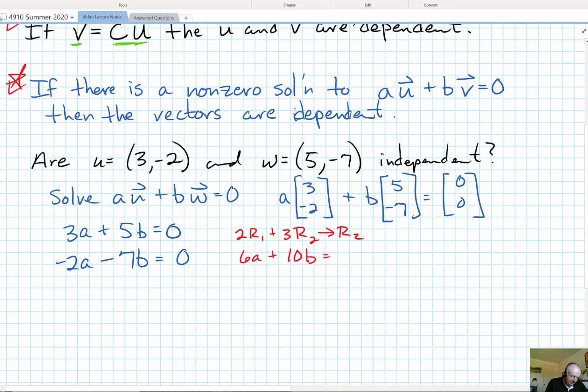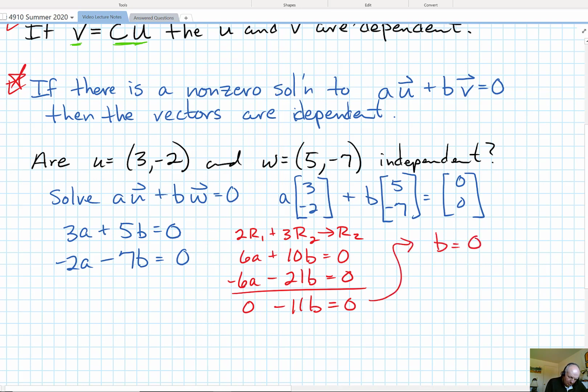I'm just leaving it as a system right now, rather than converting it to a matrix, equals 0. 3 times row 2 is negative 6a, minus 21b equals 0. We add those, we get 0, minus 11b equals 0. Oh, look at that, that tells me b has to equal 0.